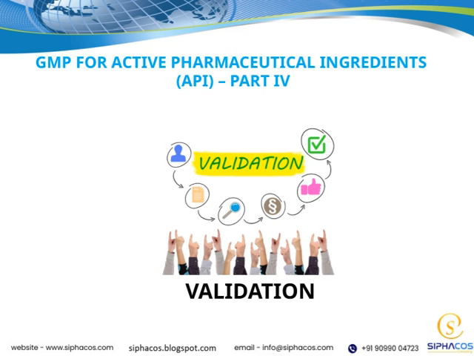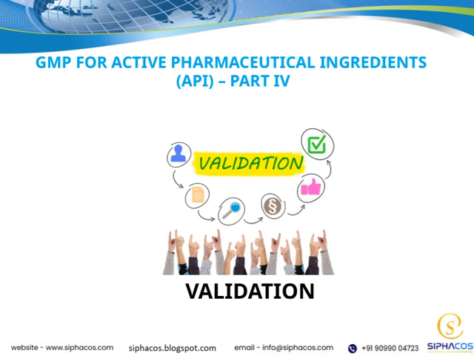It involves a thorough and documented process to confirm that manufacturing procedures, equipment, and systems perform reliably and effectively. This is especially important for APIs, as they are the active components in medications and directly impact patient safety and treatment efficacy. By adhering to validation principles, we minimize risks, ensure compliance with regulatory requirements, and ultimately deliver safe, high-quality pharmaceuticals to the market.